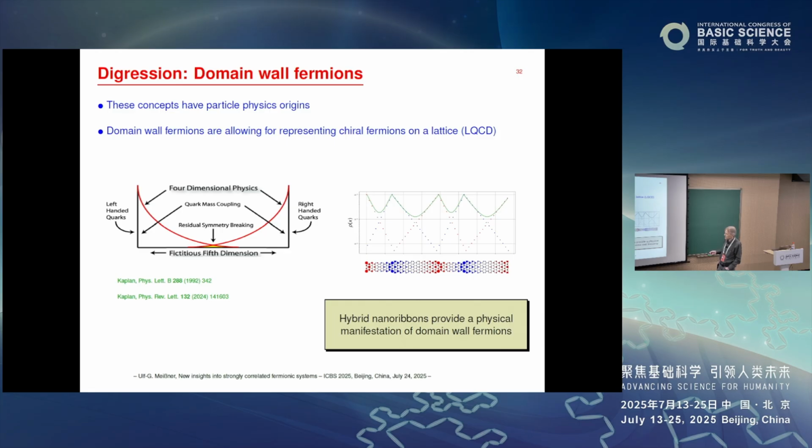And you see that they kind of overlap. There's a residual symmetry breaking, so you can do that. This has also been used in lattice QCD. But you see that if you now look at this density behavior, it looks very much like the density in the hybrid nanoribbons. In fact, hybrid nanoribbons provide a physical manifestation of these domain wall fermions. That's a nice interplay between these fields.